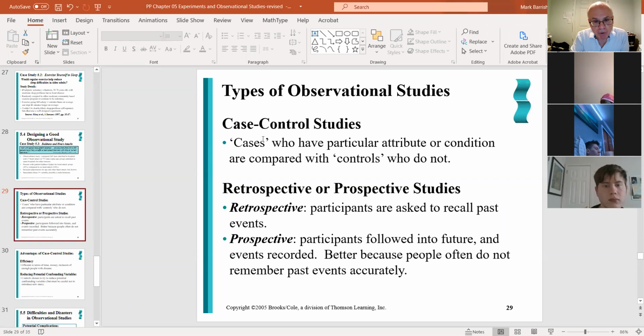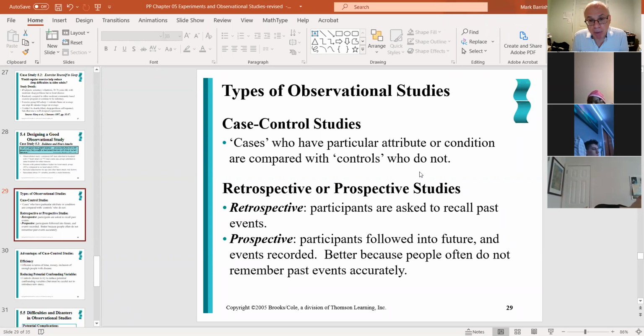Even though it sounds as if it's an experimental study, it is not. All right, it says cases who have a particular attribute or condition are compared with controls who don't. So what they do is they have people who are receiving treatments, they have people who are not getting the treatments, but they are not randomly assigned. I'll repeat that.